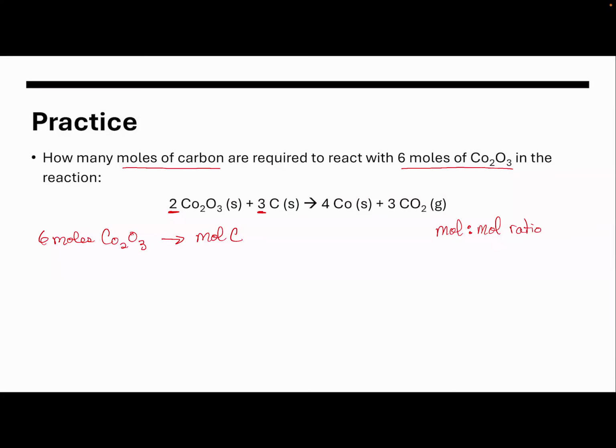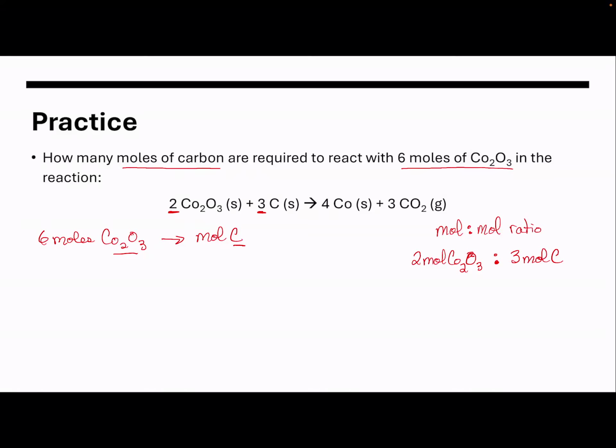So this literally says 2 moles of cobalt-3 oxide will react with 3 moles of carbon. So the first thing I did was I looked at the substance, and again, because the substances were different, that is why I went to the mole-to-mole ratio.